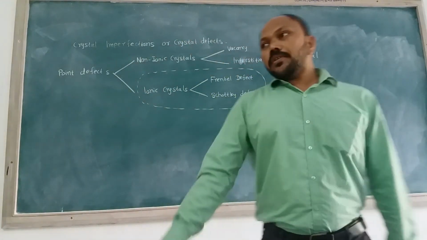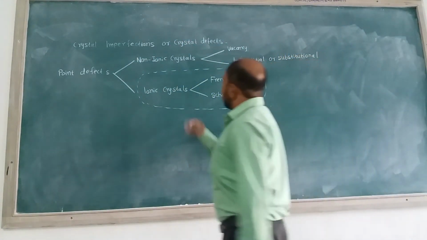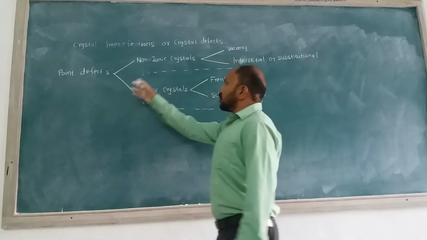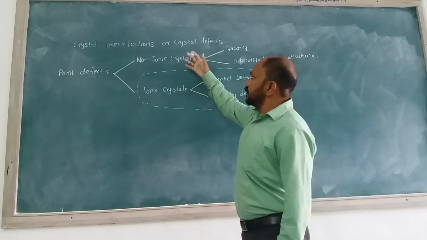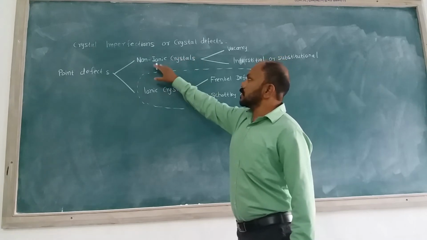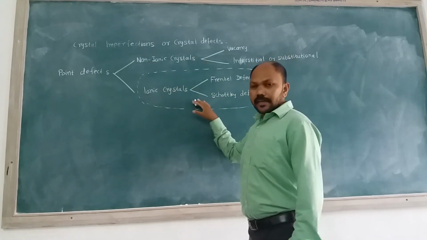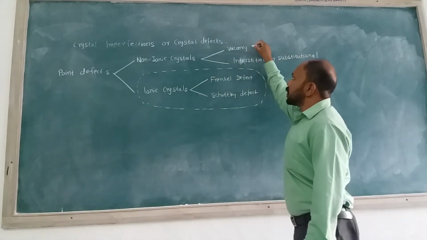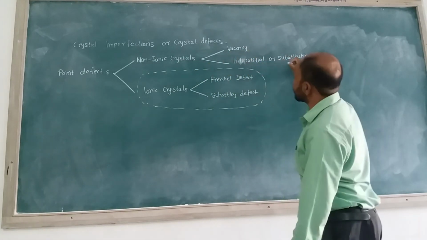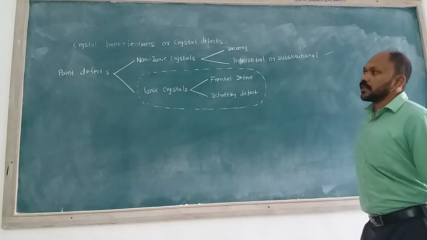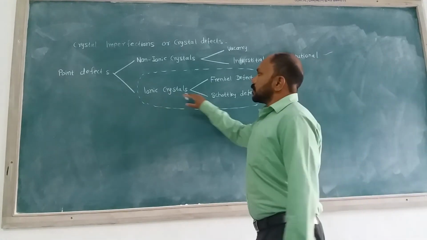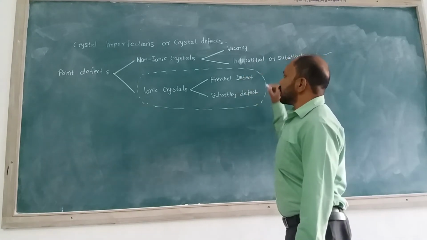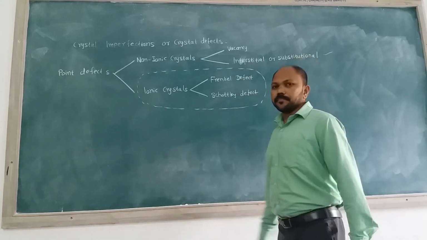If we observe here, point defects are again classified into non-ionic crystals and ionic crystals. Non-ionic crystals are subclassified into vacancy, interstitial or substitutional, and ionic crystals are classified into two types, that is Frenkel defect and Schottky defect.